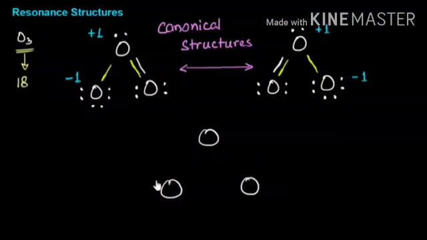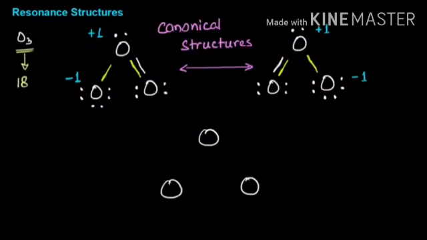In resonating structures, the actual structure is known as the most stable hybrid structure, and the bond length of this structure is in between that of the canonical structures, and the energy of the most stable hybrid structure is less than all the possible resonating structures. Now, in these two structures, one bond is a single bond and the other is a double bond.